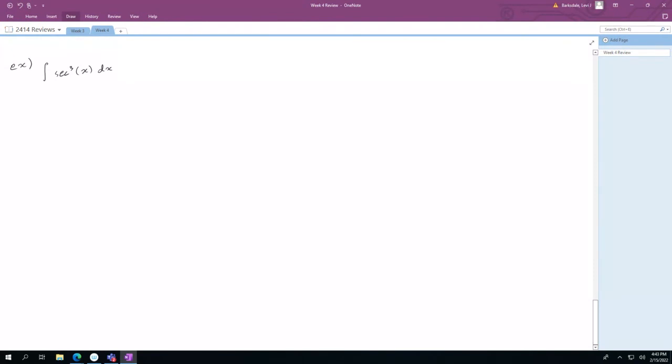Couldn't you also take out a secant, since it's an odd power, and turn secant squared into 1 minus tangent squared? Right, but in this case, my u substitution needs just one tangent, and it's really hard to do power reduction from a tangent squared down to tangent. Right, but we have 2.